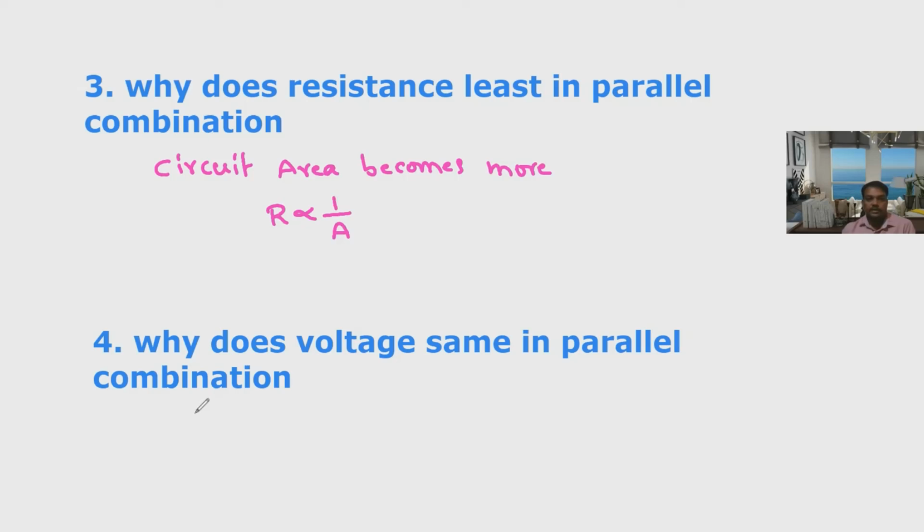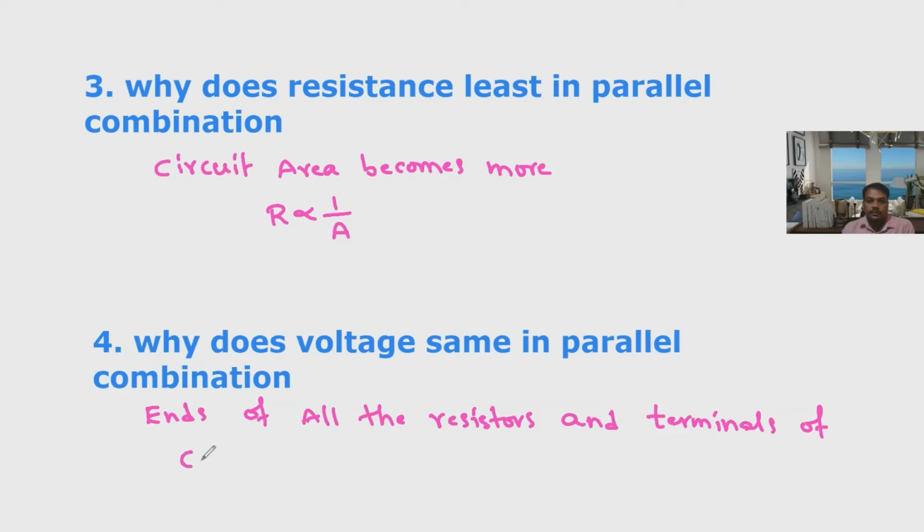Next, why is the voltage the same in parallel combination? The ends of all the resistors and the terminals of the cell are common.